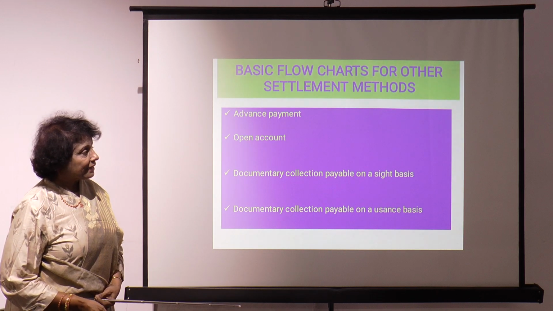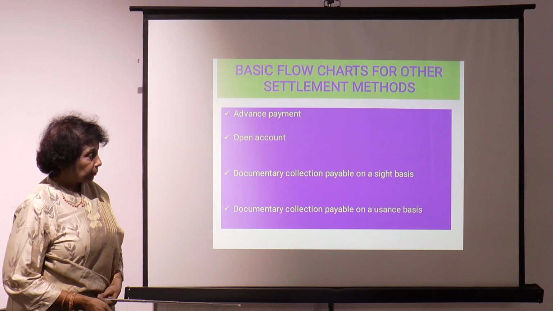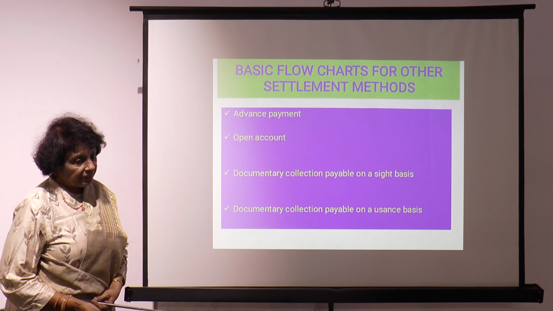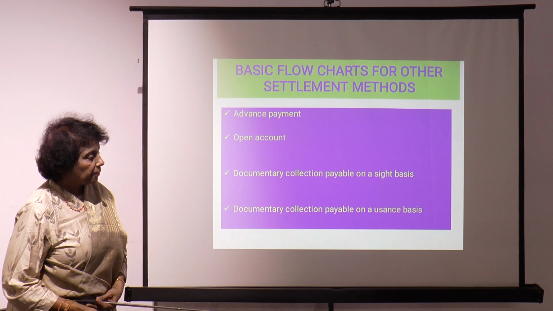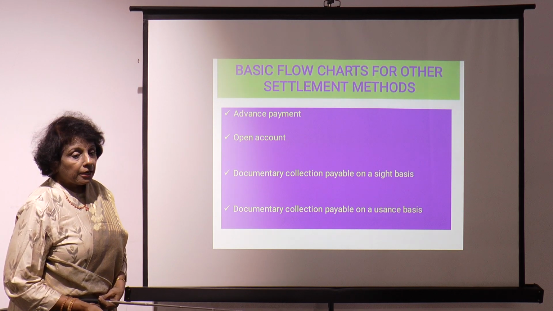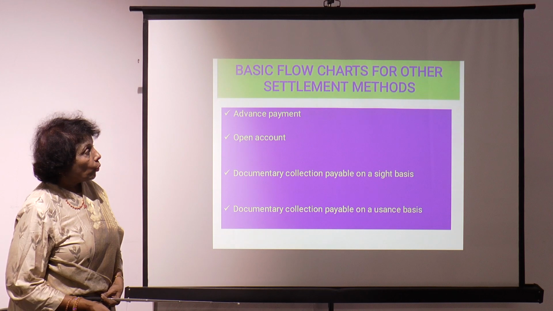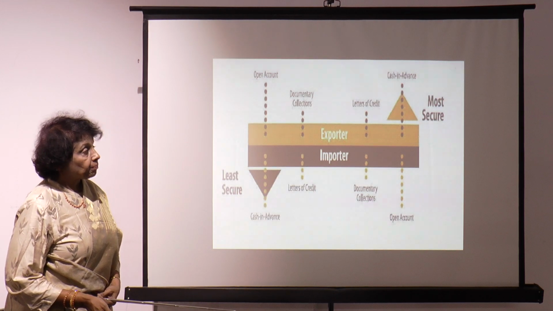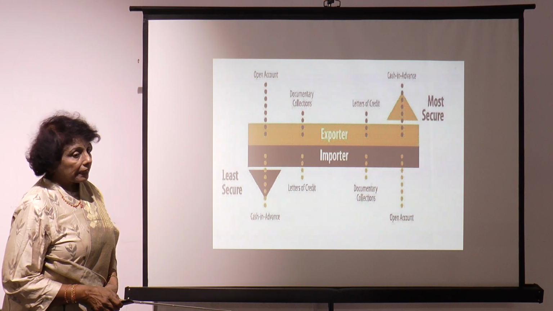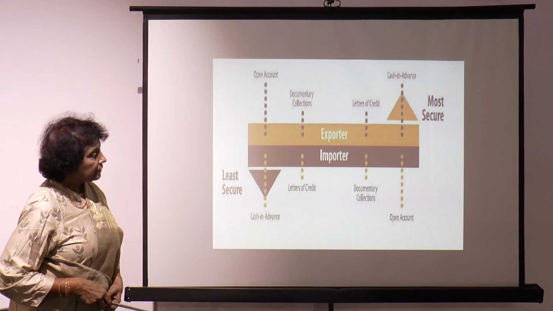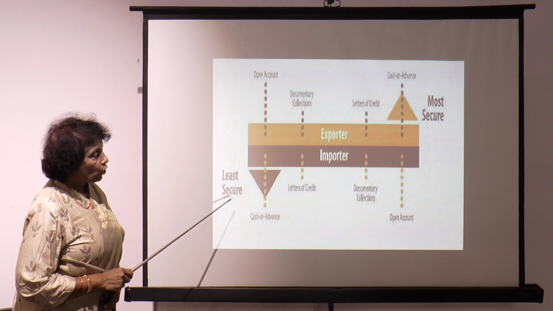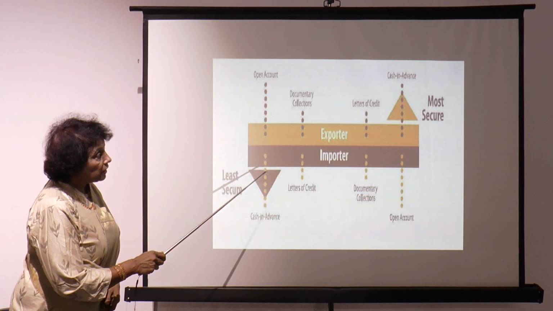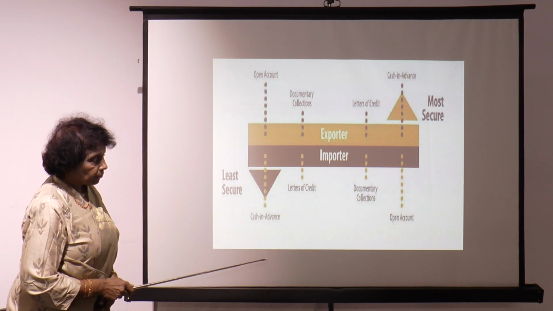So the other settlement methods are advance payment, open account, documentary collection on sight basis, and documentary collection payable on usance basis. Now let us see the flow chart for advance payment. We already know that out of these four methods, which is the least secure and which is the most secure, for an exporter and for an importer.